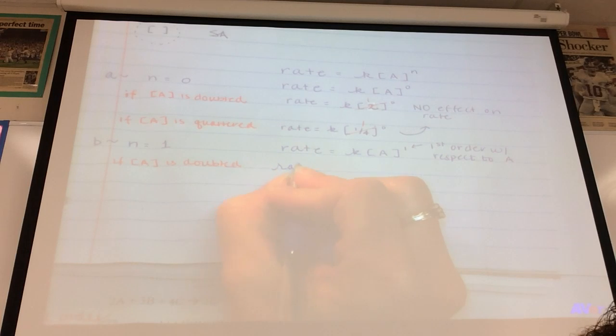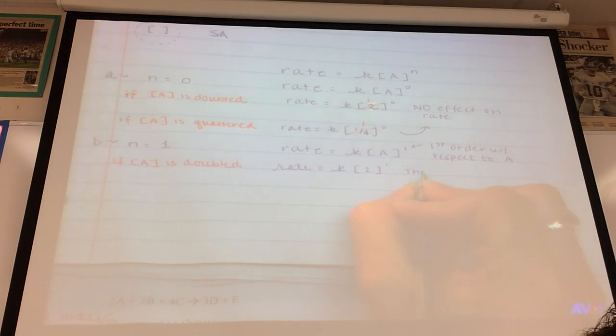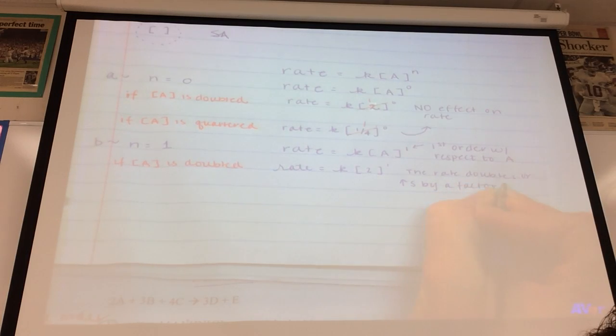We've got rate is equal to K. I'm going to replace the A with a 2 because I doubled it. What's 2 to the first power? 2. So the rate doubles or increases by a factor of 2.